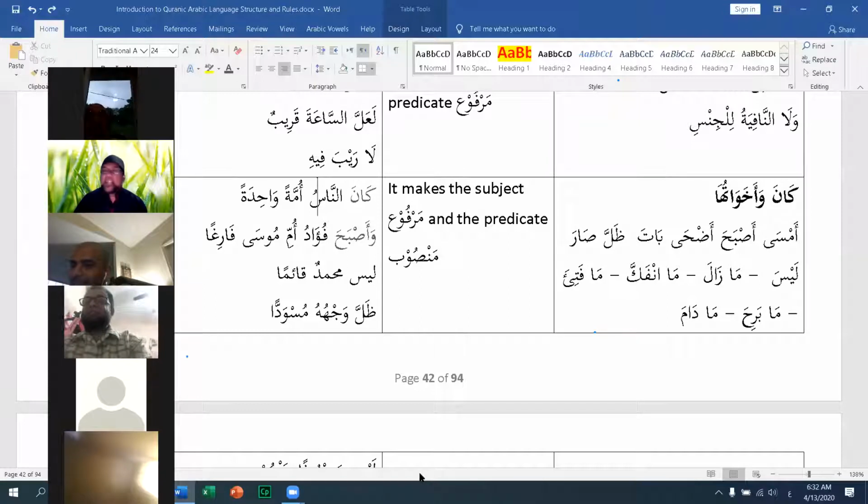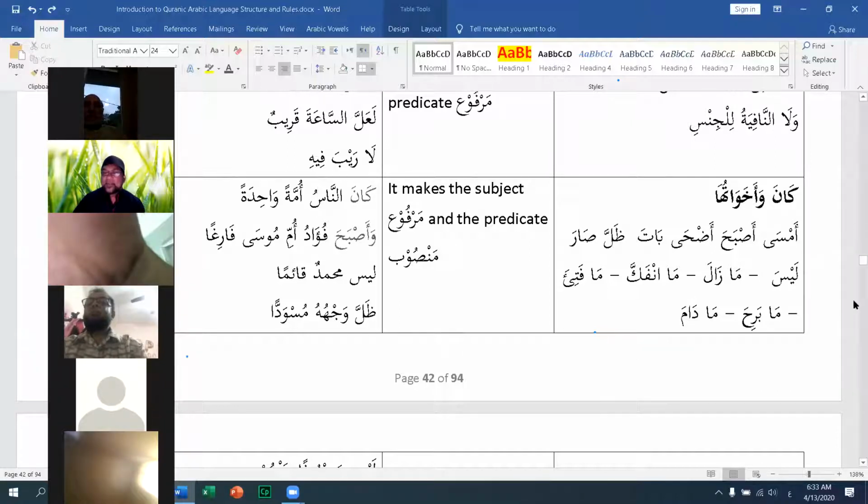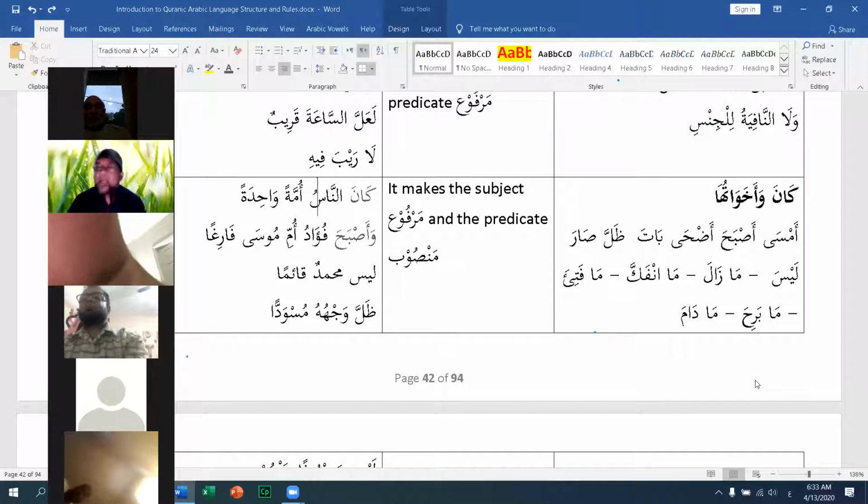So what is the effect of putting Kana or her sisters on a Jumla Ismiya? It gives it a time frame. No, that's the meaning. I'm talking about the effect so far as grammar is concerned.